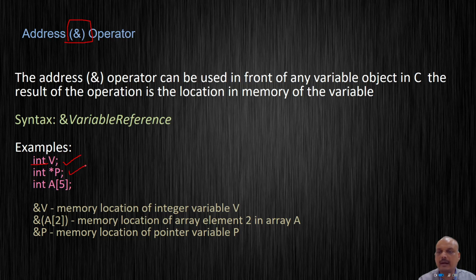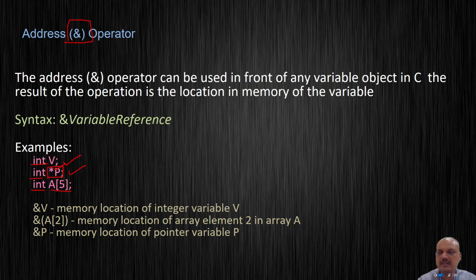Then I have another variable, which is not a normal variable, it's a pointer, as indicated by star, and the type of this variable is integer. And then I have another variable, which is an integer array of length 5.